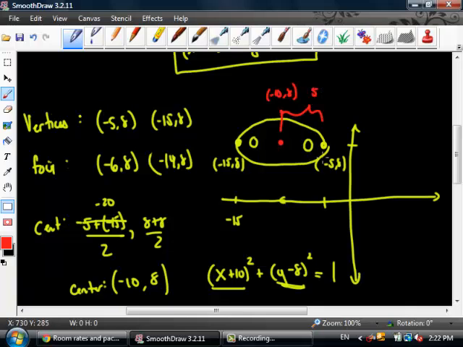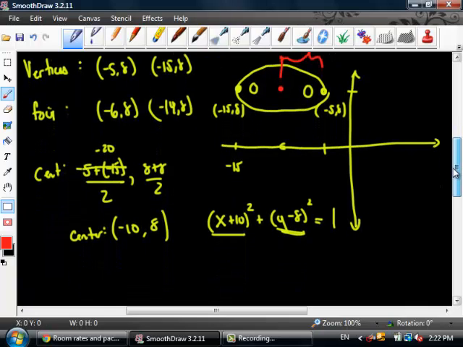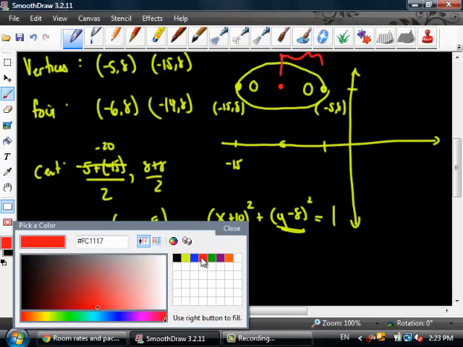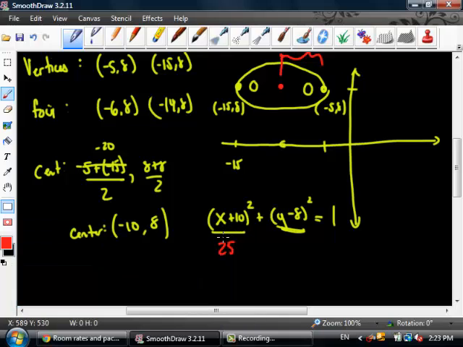Now, because these are along the major axis, what letter have I just found? A. So if 5 is A, then A squared is 25. And which one of these values gets the 25? Under X. Brother, why is it under X? Because it's horizontal.